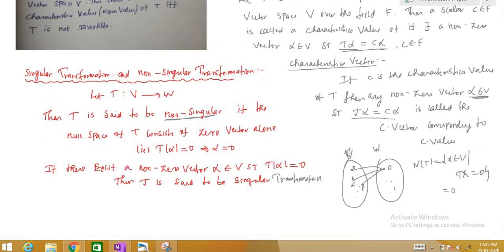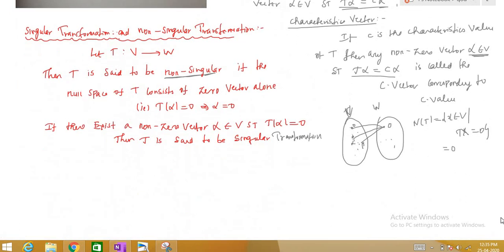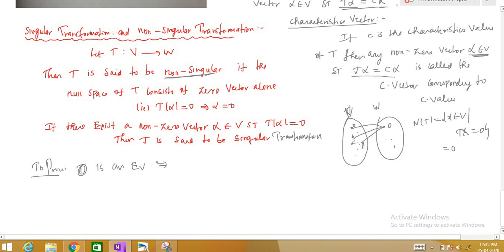What this theorem says is: define eigenvalue and eigenvector, and show that 0 is an eigenvalue of T if and only if T is not invertible, right? So what we need to prove is that 0 is an eigenvalue if and only if T is not invertible.